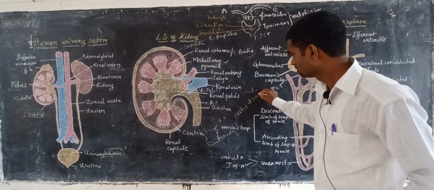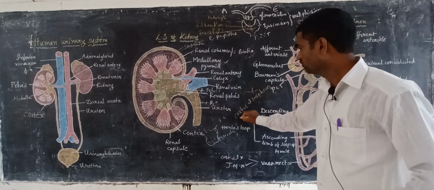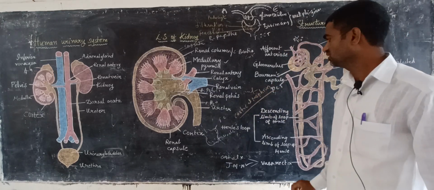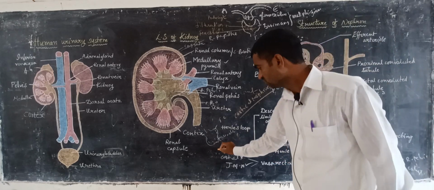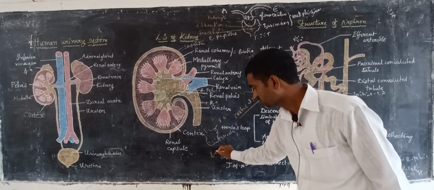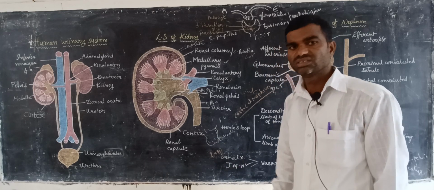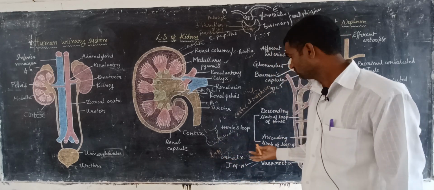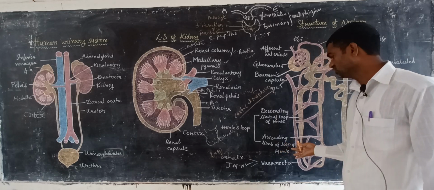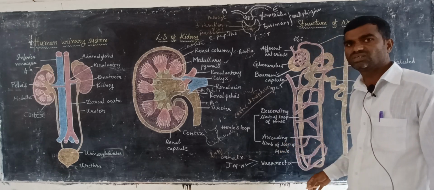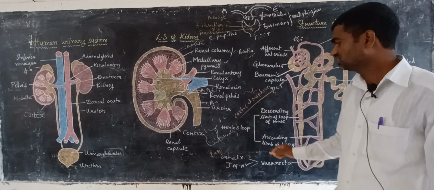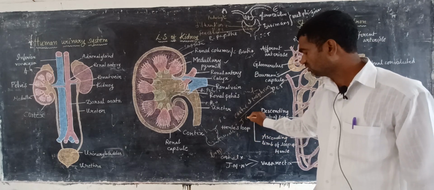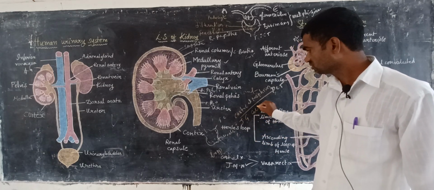If the loop of Henle is very long and extends into the deepest part of the tissue of the medullary region or medullary pyramid, that is called juxtamedullary nephrons.